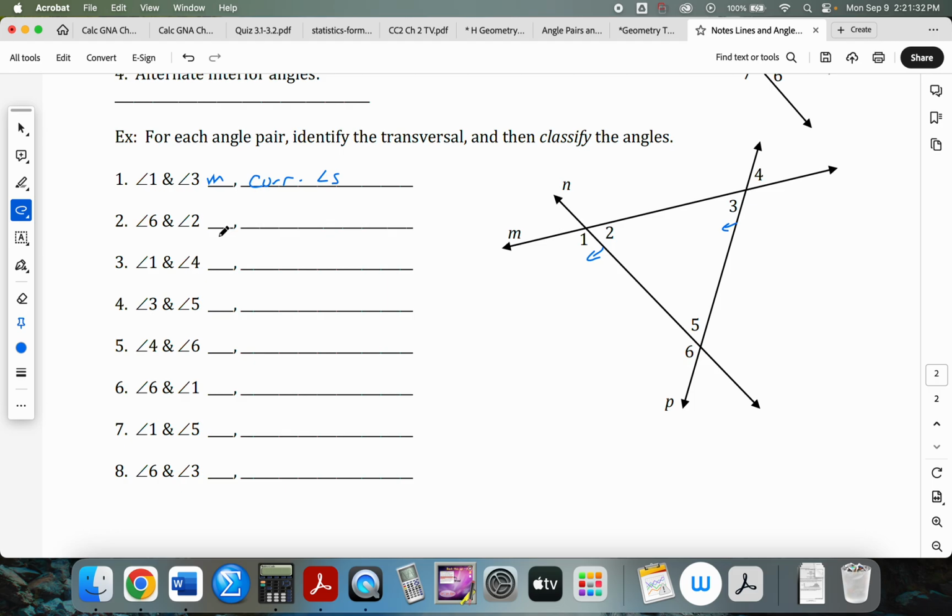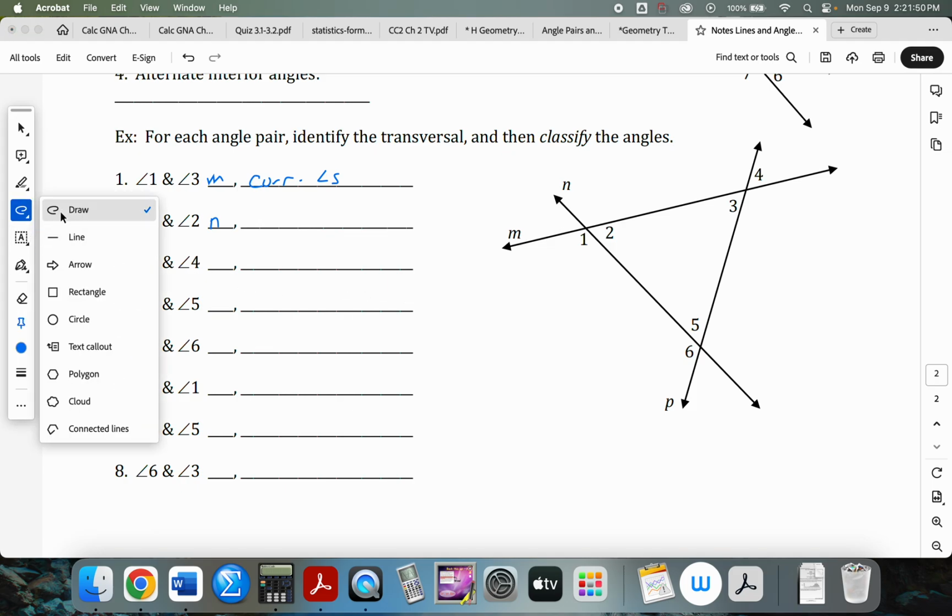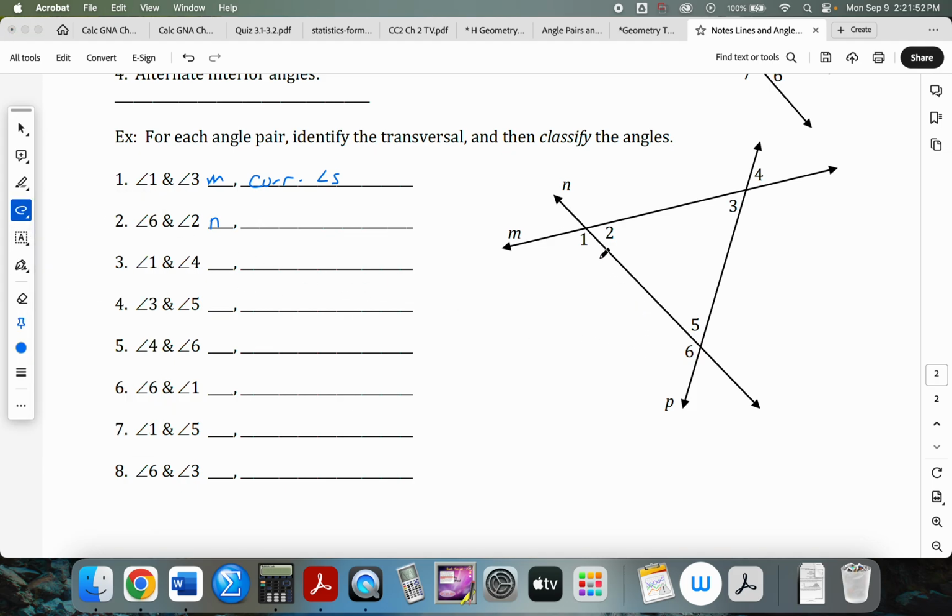All right, angle 6 and angle 2. So if I'm looking at 6 and 2, here's the line that joins them. The transversal is going to be N. 6 and 2 are on alternating sides of the transversal, so they can't be corresponding.